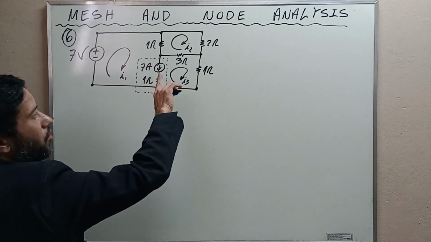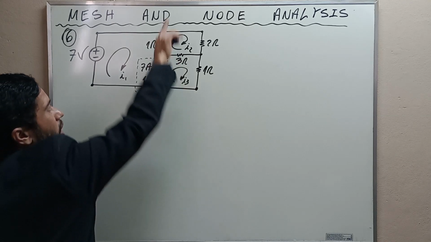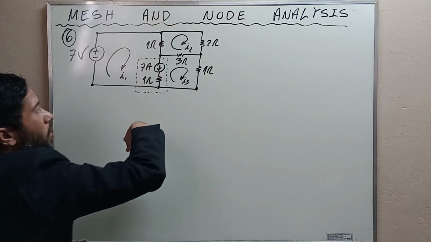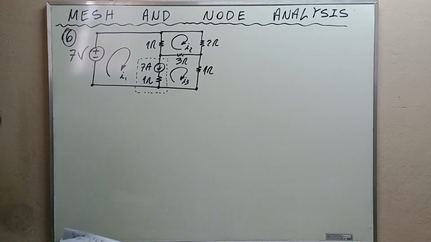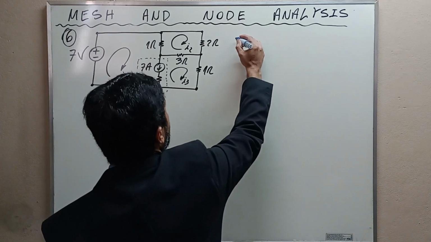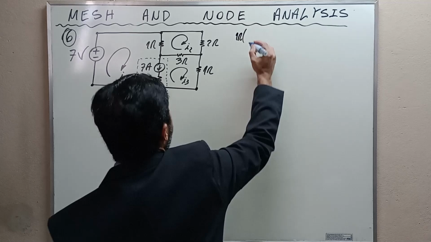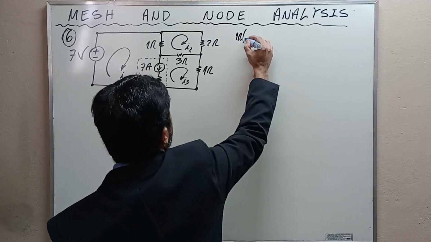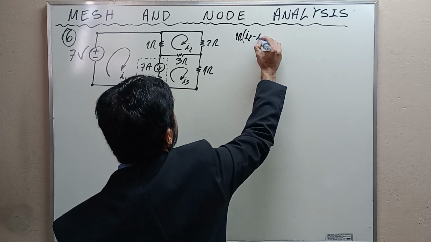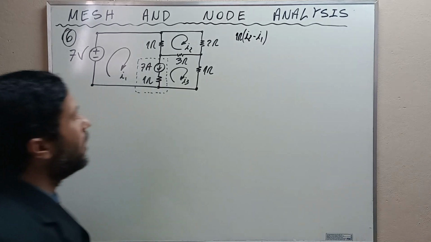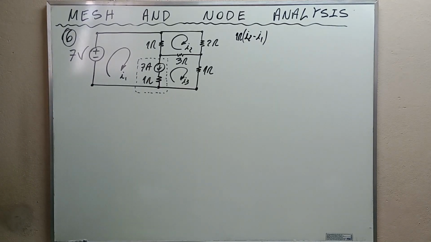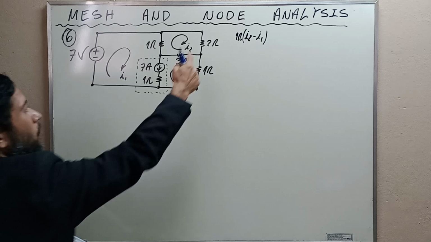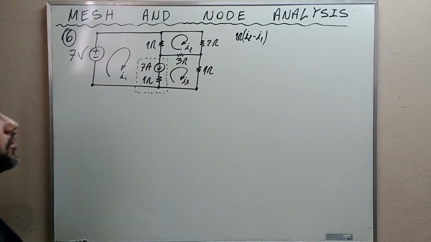Observe that while I2 goes upward here, I1 goes downward, then it is going to be 1 ohm multiplying I2 minus I1. Now let's consider this 2 ohms resistor.